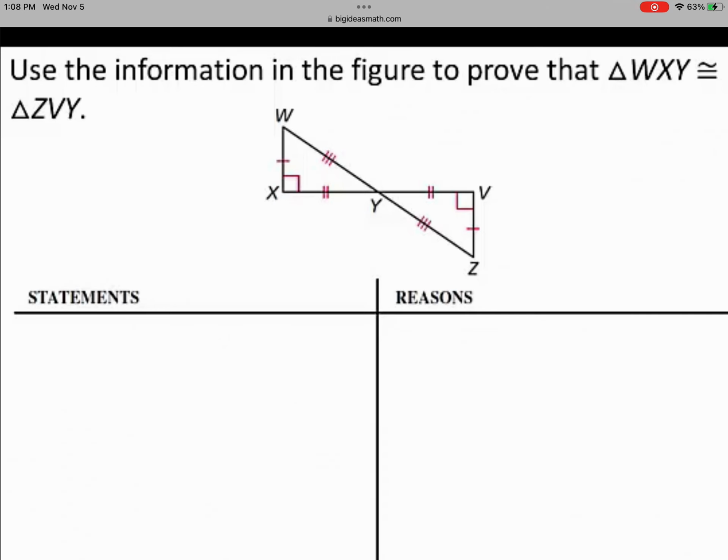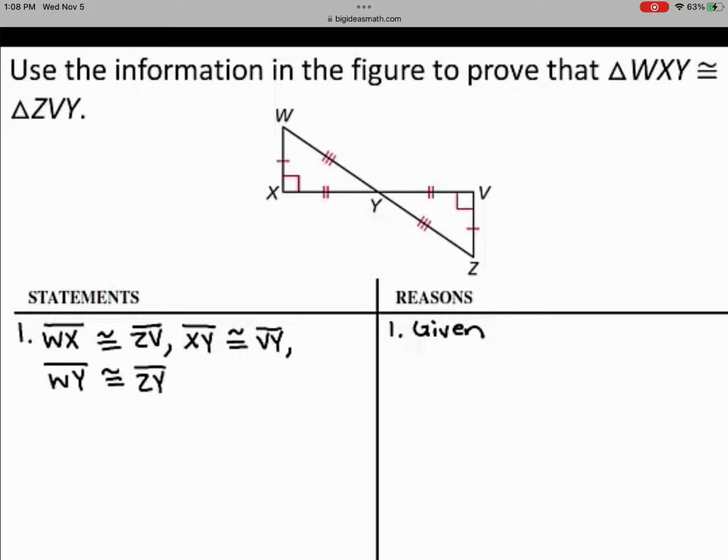From the pair of single tick marks on the diagram, you know that side WX is congruent to side ZV. From the pair of double tick marks, you know that side XY is congruent to side VY. And from the pair of triple tick marks, you know that side WY is congruent to side ZY.